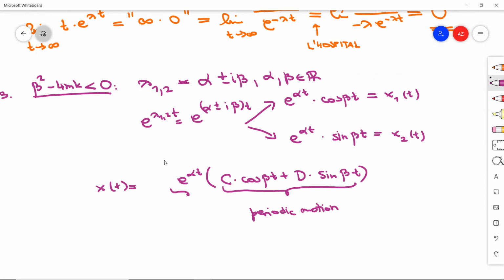But the amplitude of this motion is changing all the time. And what's happening with this amplitude as t goes to infinity? Yeah, we expect that it's getting smaller. Because we have damping, we expect that it goes to 0. But for this we need that alpha is smaller than 0. Why is alpha smaller than 0? Where can we see this?